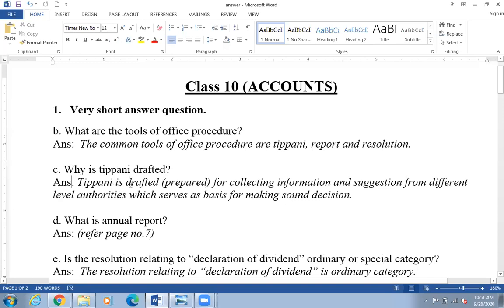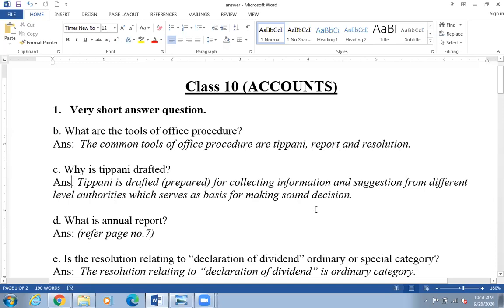Tippany is drafted, others say prepared, for collecting information and suggestion from different level authorities, which serve as the basis for making sound decisions. That means from one level to the next level, up to the top level, they keep on making the decision.